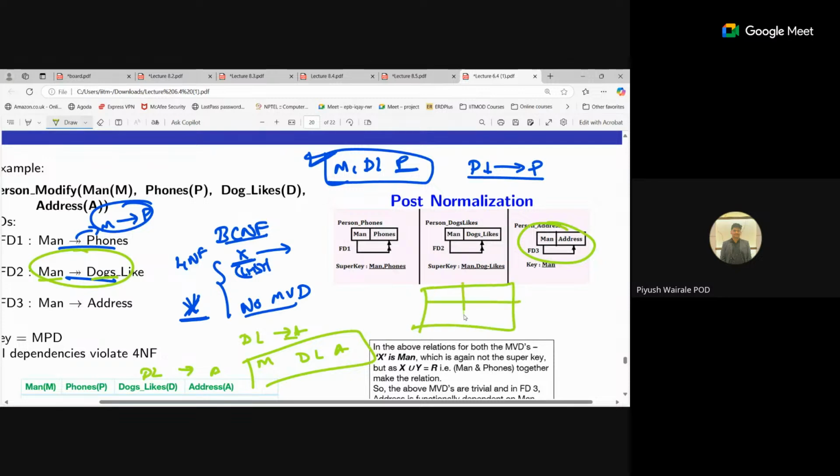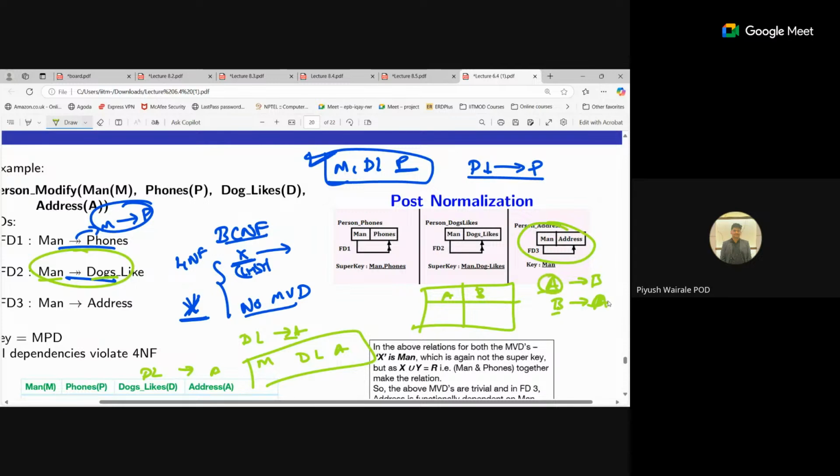See, for every relation having just two attributes A and B, there are only three possibilities. Either A can determine B, or B can determine A, or both, right? In any of the cases, the left hand side will always be a key. If only A determines B is there, A will be a key.